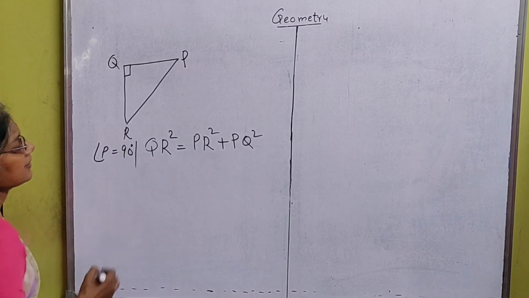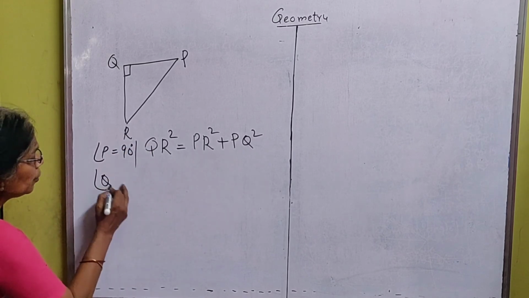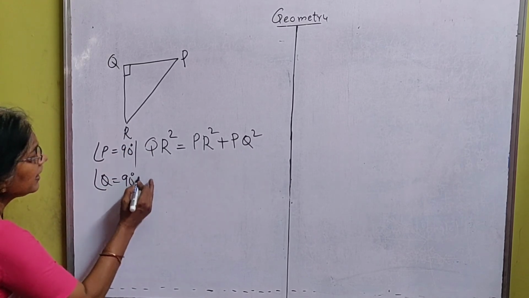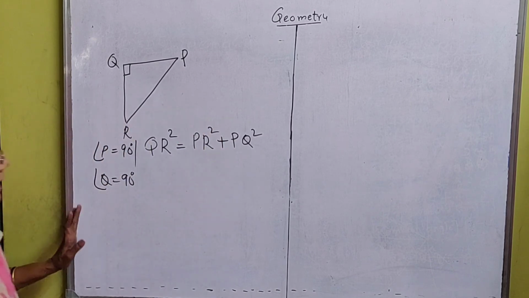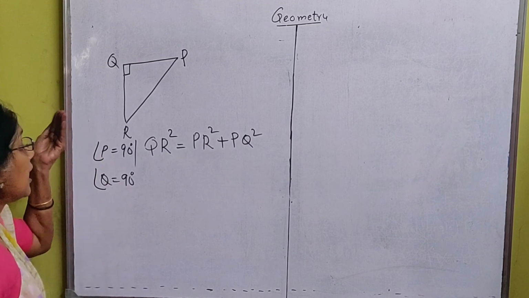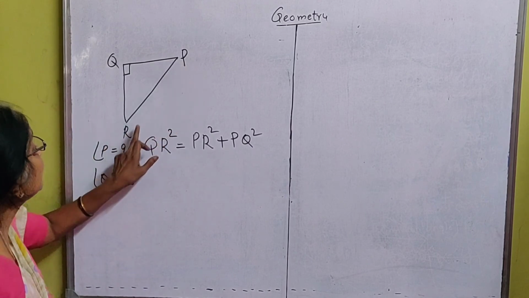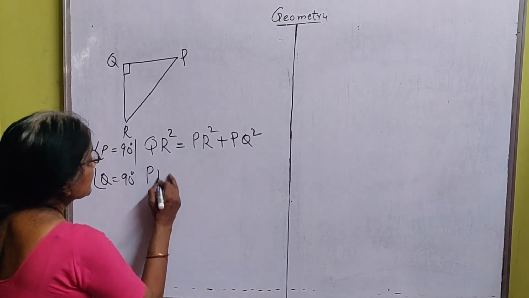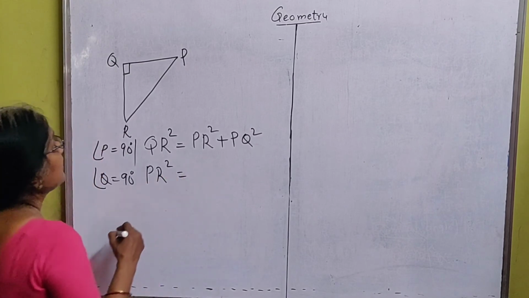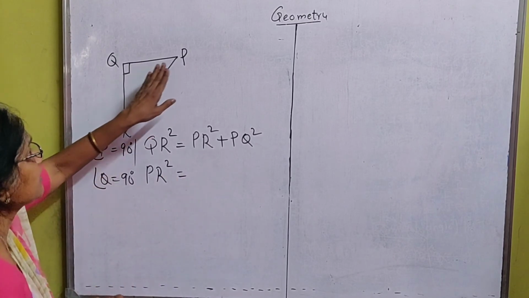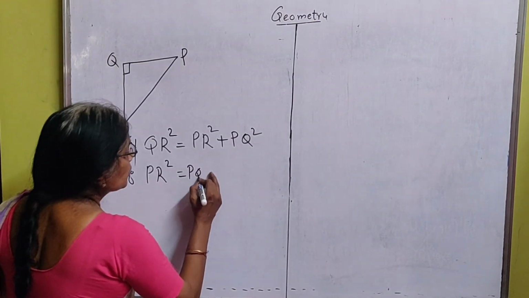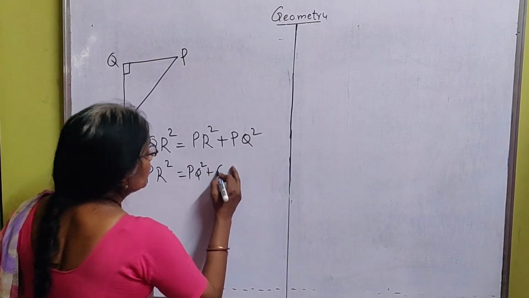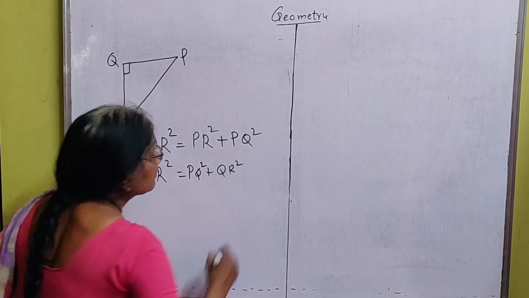Now angle Q is 90 degree. Again, which is the hypotenuse? PR. So PR square is equal to the squares of the two sides. Which are the two sides? PQ and QR. So PQ square plus QR square.